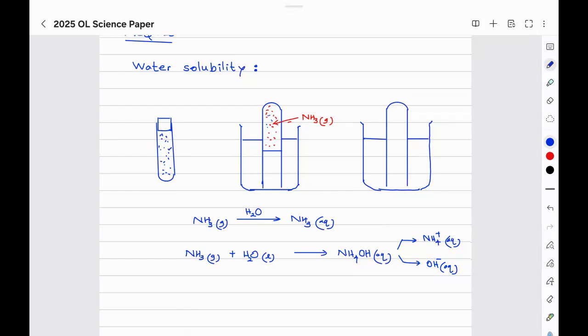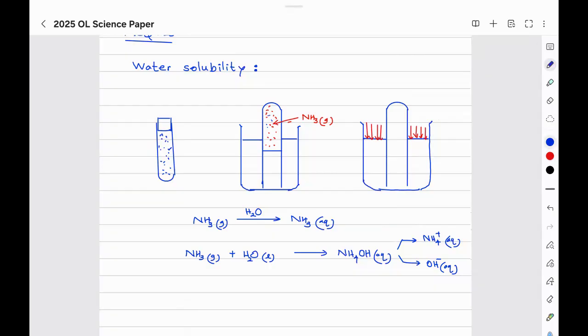Since there is a pressure difference, the atmospheric pressure is greater than the pressure inside the gas jar. So what will happen? Now this is the atmospheric pressure, right? This is the atmospheric pressure created on the water level in the beaker. Then what will happen?